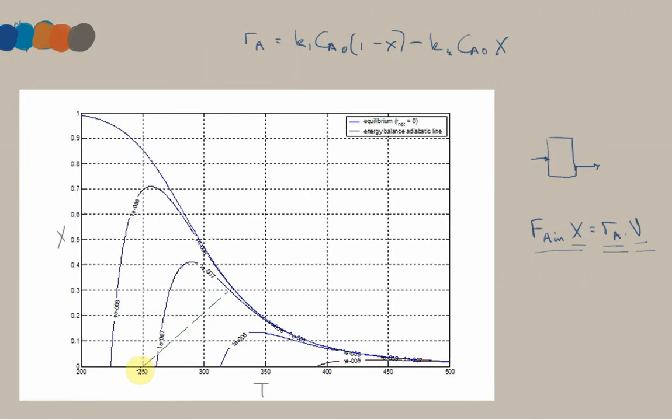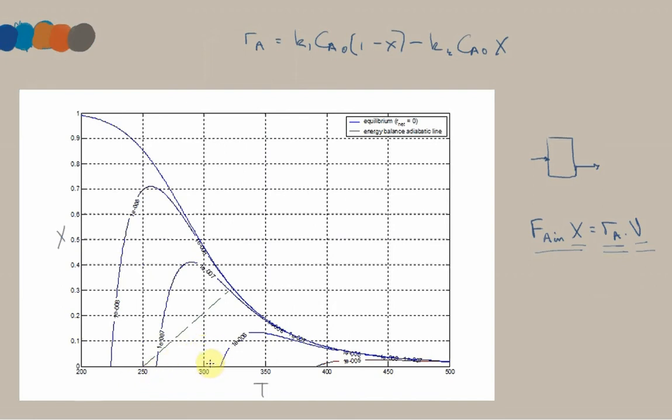So, of course, it's not reasonable to try to approach this equilibrium point. On top of which, we can see regions here where the reaction rate is not zero, but it appears to be inaccessible to us. The plot I'm showing here is for this example where we started with a temperature of 250 Kelvin. If you think about that, that's actually a refrigerated fluid, and it's quite expensive to refrigerate things on a plant.